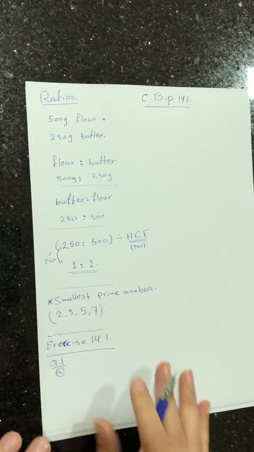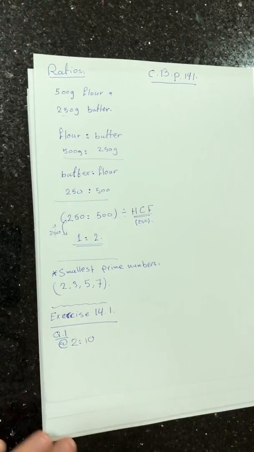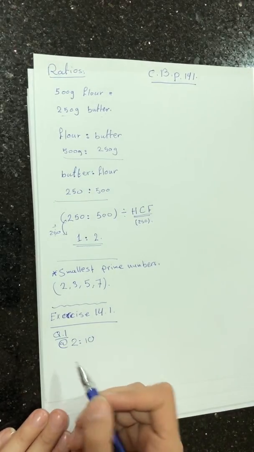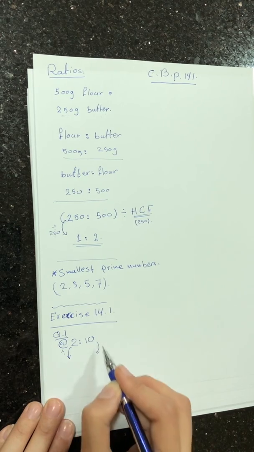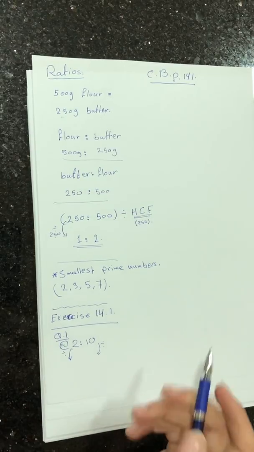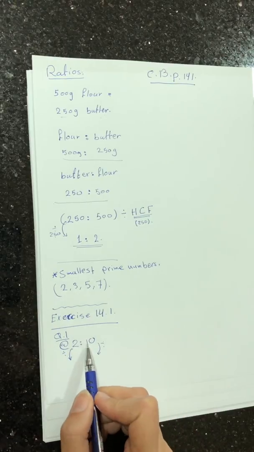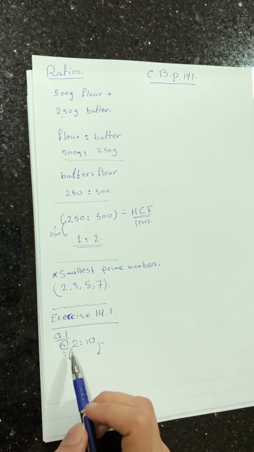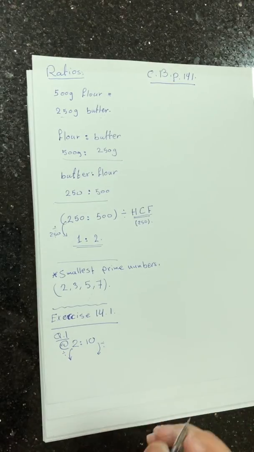A. I am asking you to give me the simplest form of this ratio, which is 2 to 10. Now, the simplest way is by dividing by the highest common factor. Or you can start dividing by one of these numbers, but there is a condition. Both numbers need to be divisible by the same digit. So I can say 10 divided by 5, but I can't say 2 divided by 5. It will not give me a whole number.